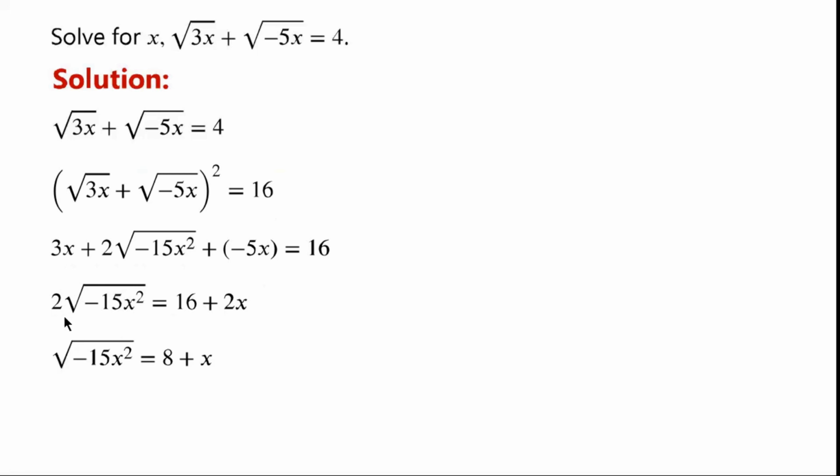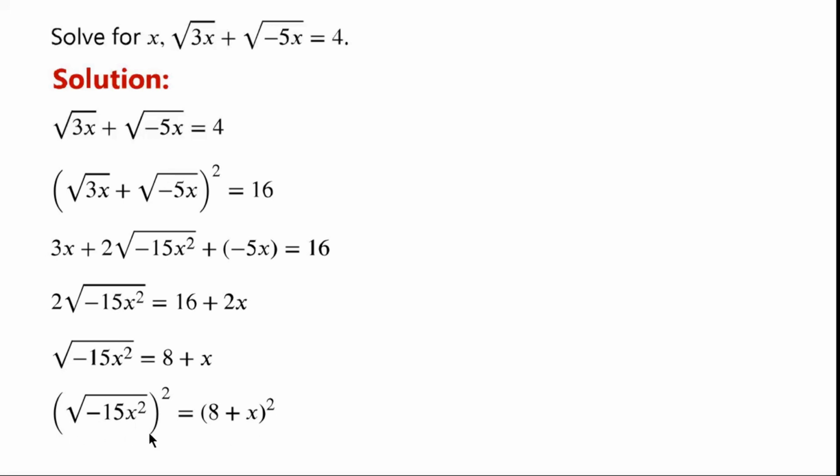By dividing both sides of the equation by 2, we can now write √(-15x²) equals 8 + x.